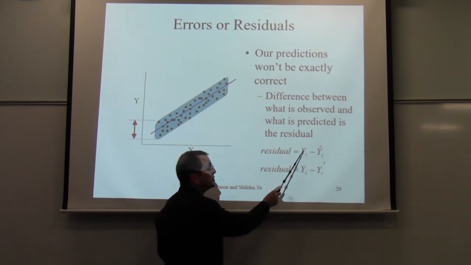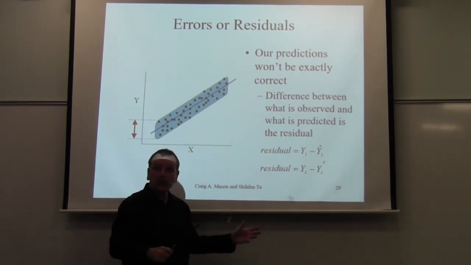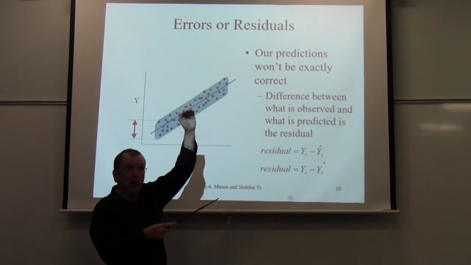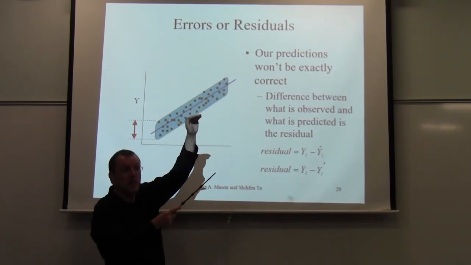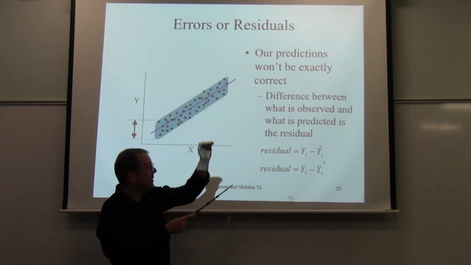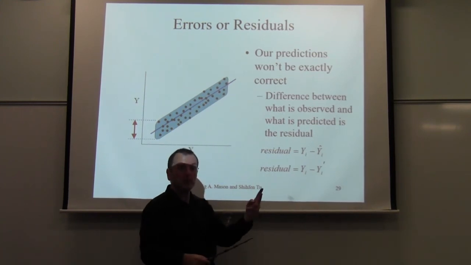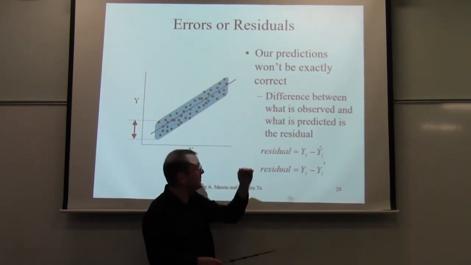Oh, so that's just my real score minus my predicted score. That's what a residual is. So if my score is higher than you predicted, say you predicted I'd have a 3.2 given how much I studied, but I got a 3.4. 3.4 minus 3.2, my residual is 0.2. I'm 0.2 higher than you predicted.